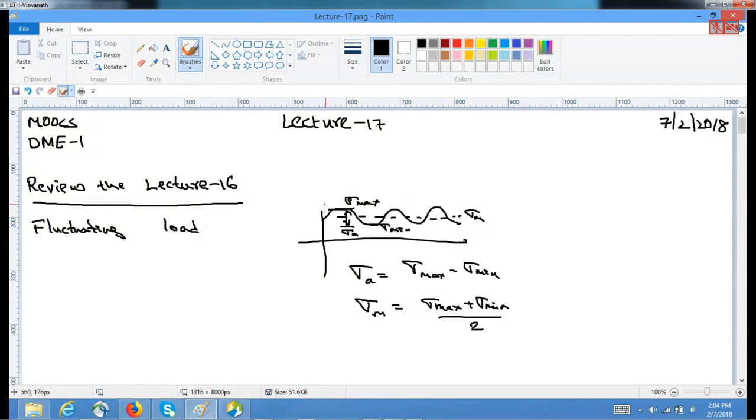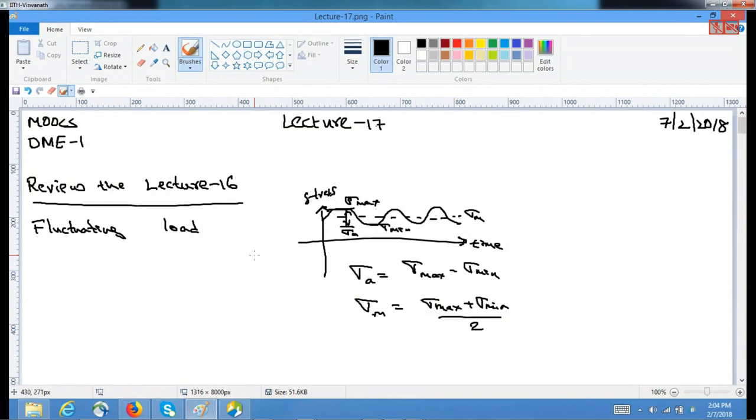And with these kinds of fluctuating stresses, we have seen that failure occurs even though sigma max or sigma min are all well below the elastic limit, or well below the yield strength of the material.